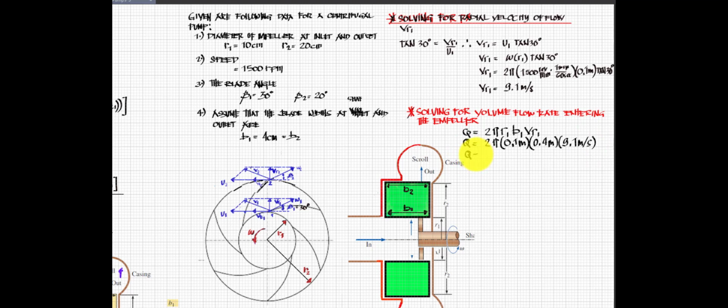So the volume flow rate is equal to 0.229 cubic meters per second.